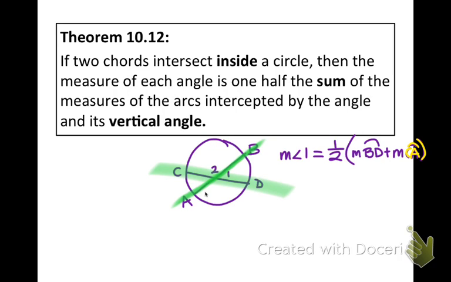Bright yellow. All right. So now if we wanted to focus on the measure of angle 2, that's going to be equal to 1/2 times, what are the two intercepted arcs from angle 2? Notice angle 2 creates the intercepted arcs of CB and AD. So it'd be the measure of arc CB plus the measure of arc AD.